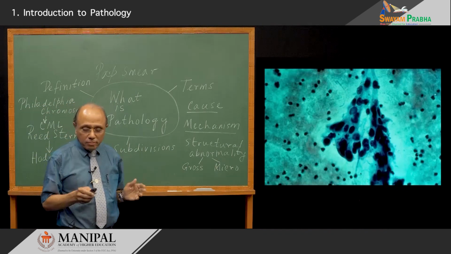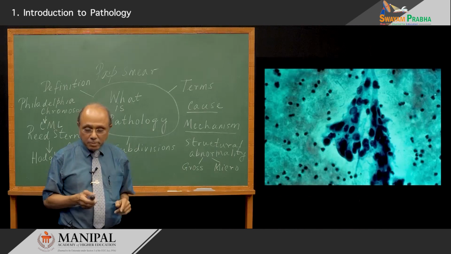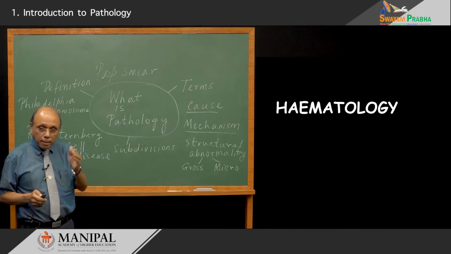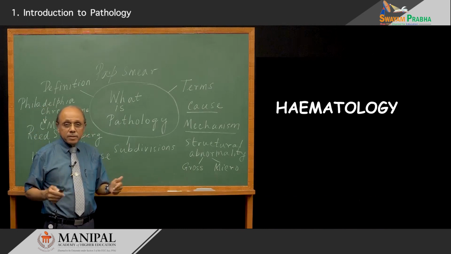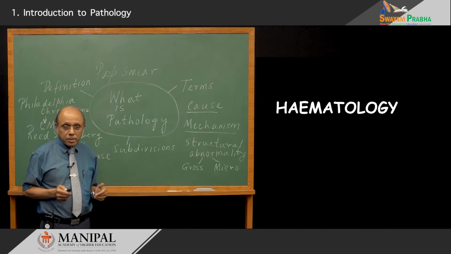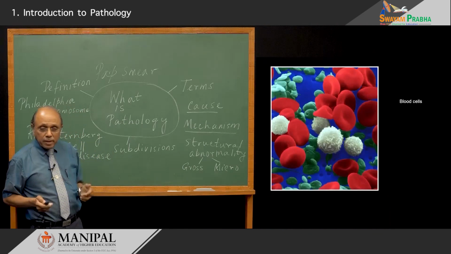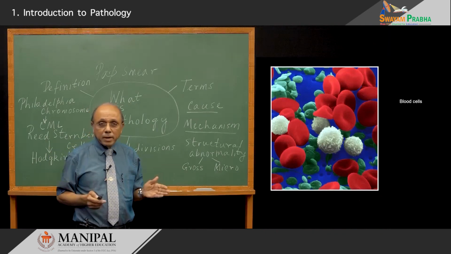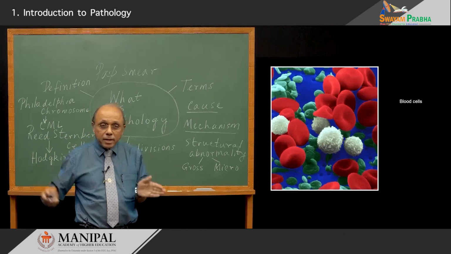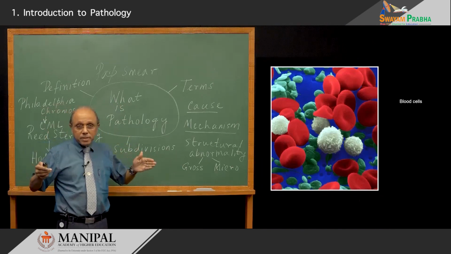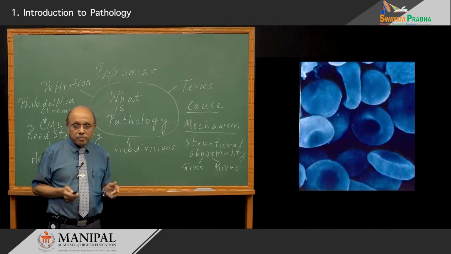So, of course, many variations are there now, but basically remember that is the second branch of pathology. The third branch of pathology deals with blood diseases, leukemias, anemias. All these are part of hematology. So, we look at blood cells. Hematology has now become an independent branch. It has actually meandered away from pathology. Hematologists consider themselves as totally independent now.